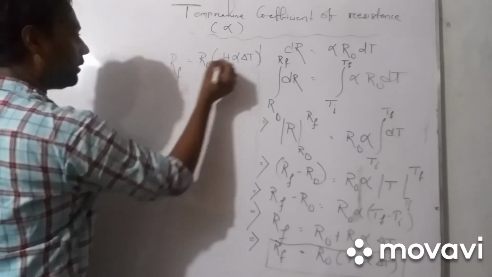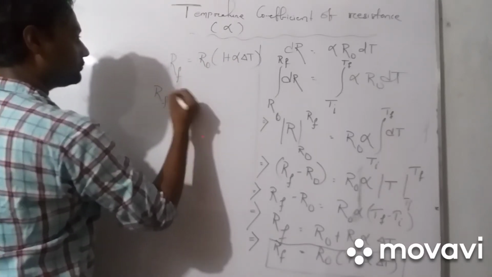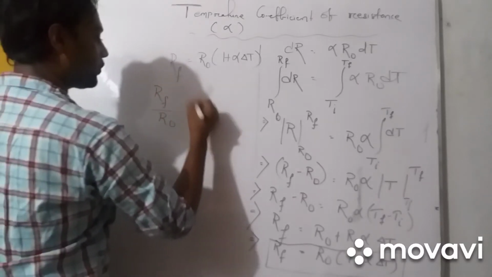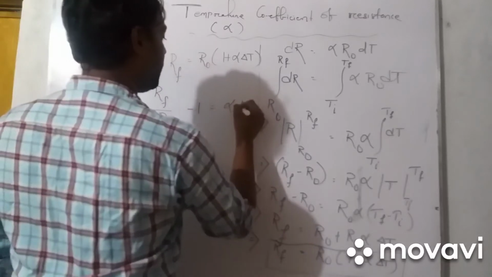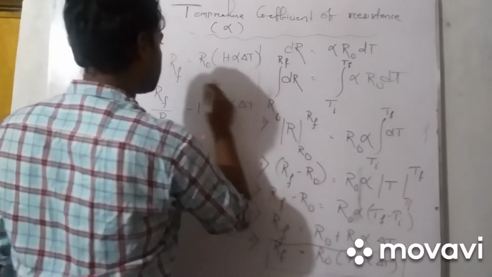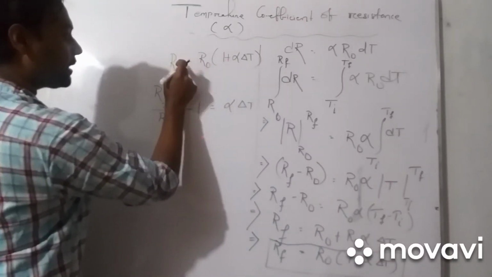Now I will find out the value of alpha. That means Rf divided by R0 minus 1 is equal to alpha delta T. Because Rf by R0 has plus 1 here, on the left side it becomes minus 1.